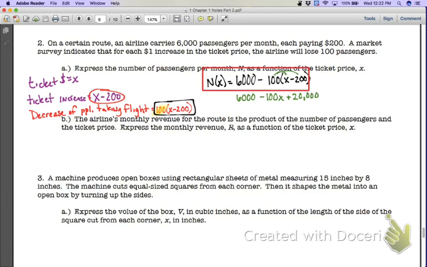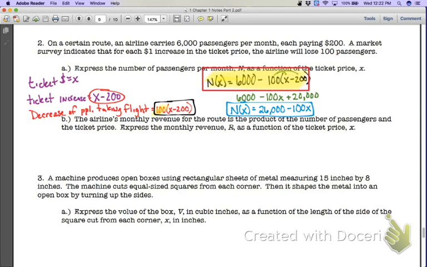Whereas the way the book really sets it up is that n of x is equal to 26,000 minus 100 times x. Okay, so whatever your ticket price is, and went that route. The book's going to put it more like this. I would say for your sake, you're probably going to be more apt to understand everything this way. You agree with that? Okay.